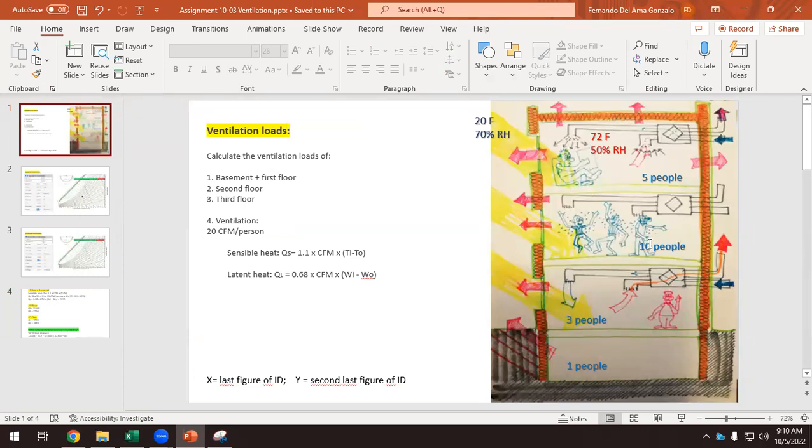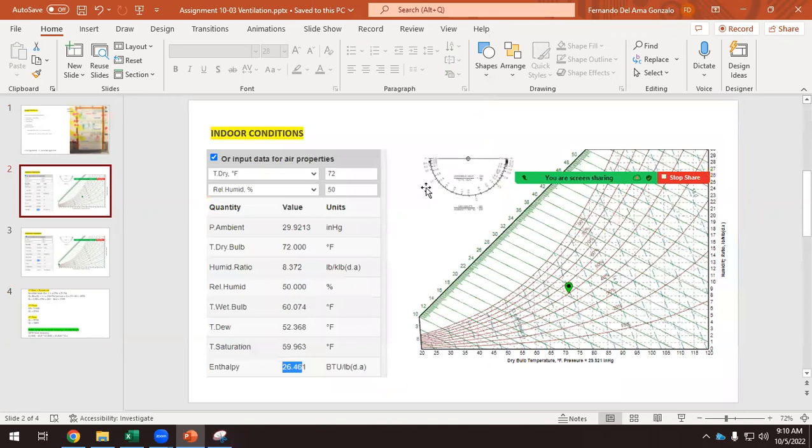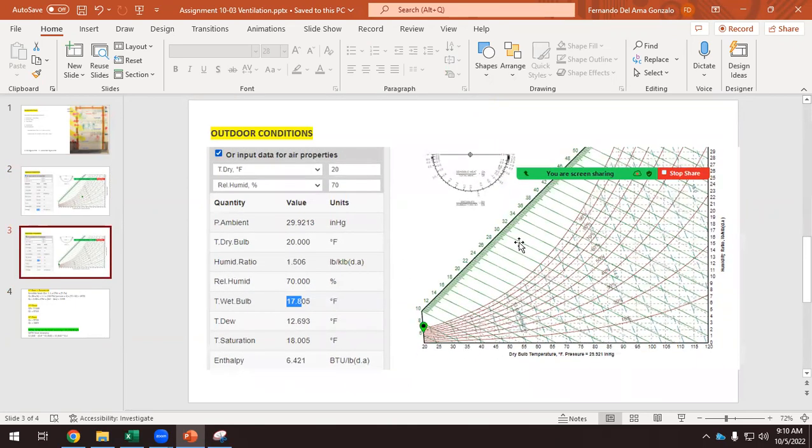Okay. But I need to know the occupancy of the different floors in your building. I need to see that you have taken the enthalpy and the wet bulb temperature from an official source, that you have created these slides with the psychrometric chart, and then I can see that you have taken the right temperature, relative humidity, and you have the right wet bulb temperature here.